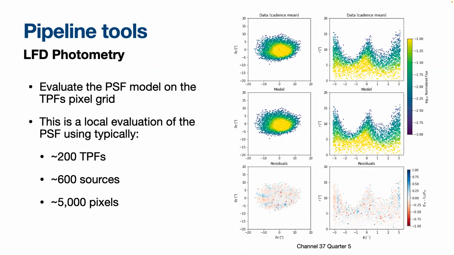It's easy to see that the data points near, for example, the center of the PSF are very sparse because there are fewer sources, but also because of the scale of the pixel, right? We can work around that by just having more sources, more data points, as we did on the FFI. And we fit this model to the TPF data to extract our photometry.